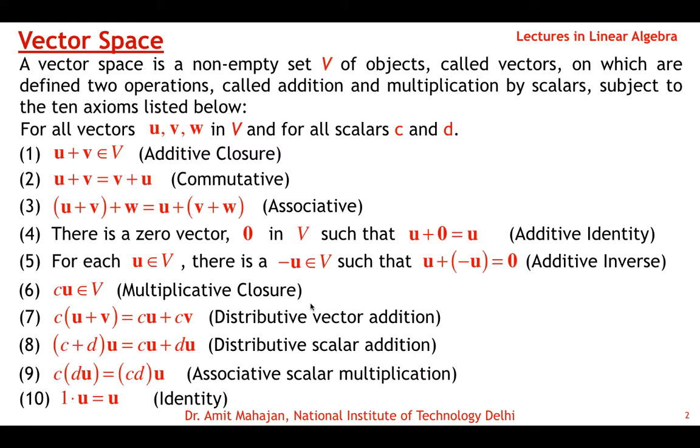Okay, so clearly in linear algebra we deal with the Rn spaces, and in the previous lecture we have already seen that they satisfy commutativeness, associativeness, additive identity, and additive inverse, where the zero vector is the 0, 0, 0 element of Rn, and minus u is simply minus 1 times u in the case of Rn spaces.